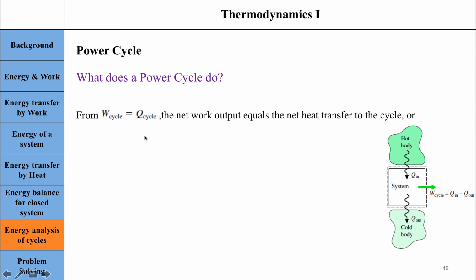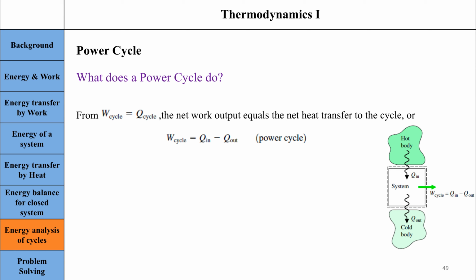We already had this equation, and because the net work output is equal to the net heat transfer to the cycle, the work done across the cycle is going to be heat transferred into the system minus heat transferred out of the system.